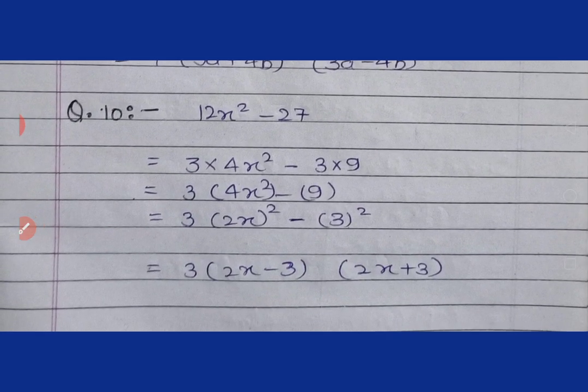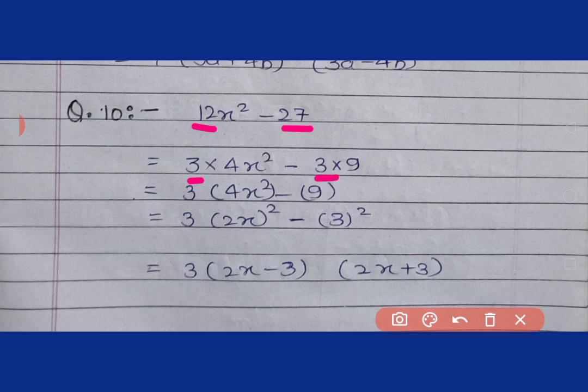Now 10th question is given 12x square minus 27. As you can see here, 12 is not a square nor 27 is a perfect square. So firstly we will take some common outside, then we will solve this question. After taking HCF, we have found that 3 is common.